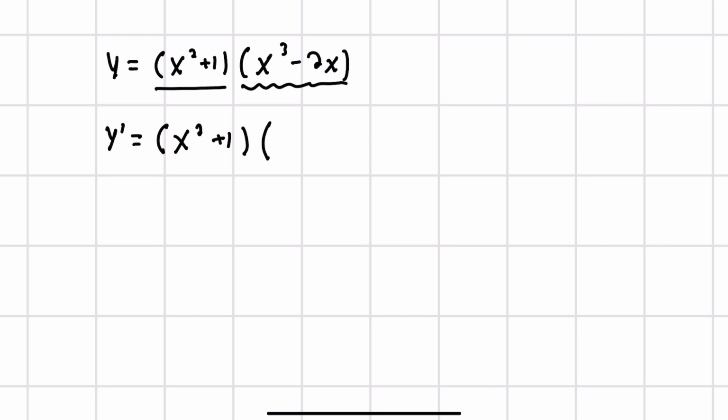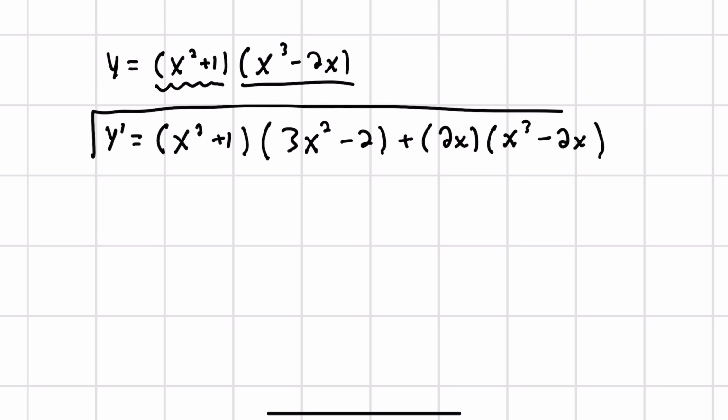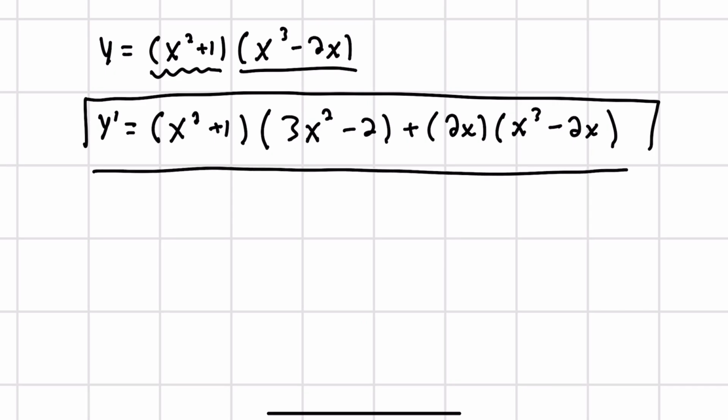So the derivative of this will be 3 times x squared minus 2, plus, and now we would have to find the derivative of x squared plus 1, which is simply 2x, times x cubed minus 2x. And here would be our final answer.